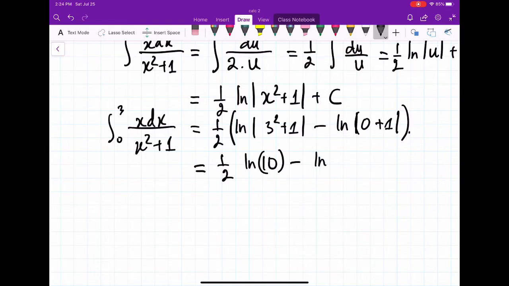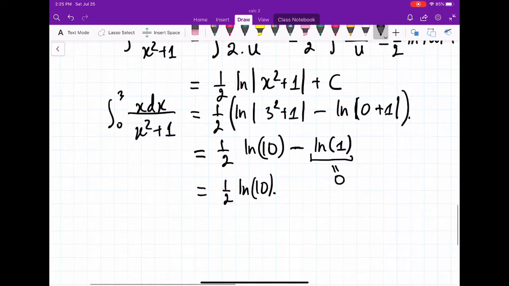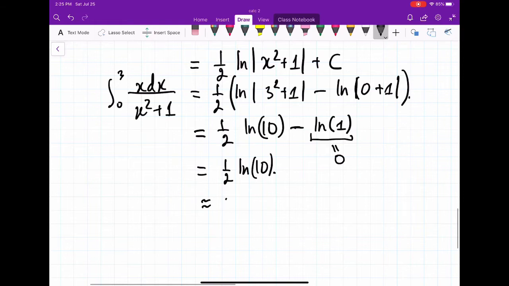Here I have ln of 1. But what is ln of 1? Ln of 1 is 0. So from here I get 1 over 2 ln of 10, which is approximately equal to 1.151.